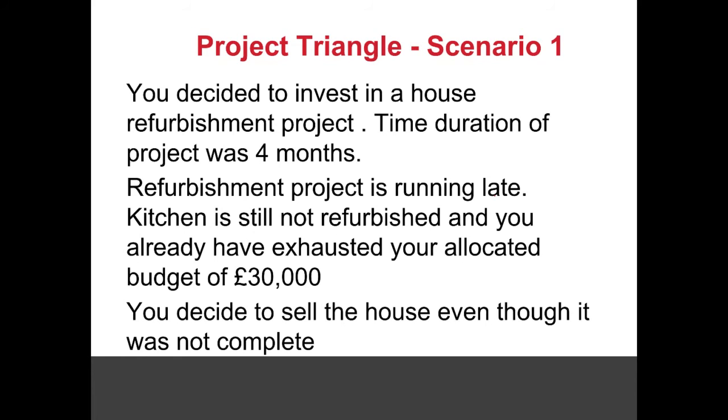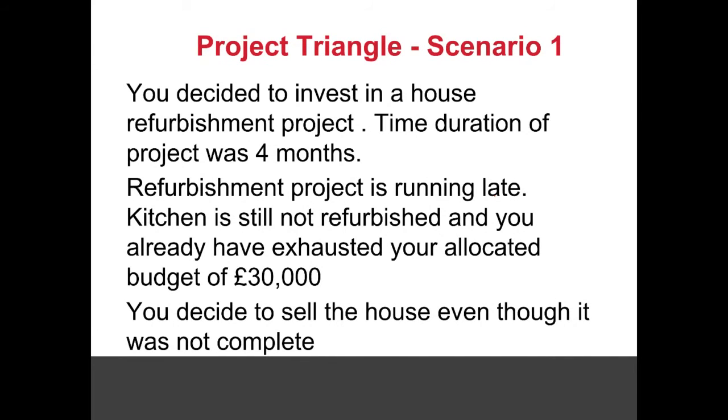Right, so here you have decided not to exceed your budget. So you have decided not to compromise your cost target. You had an allocated budget of 30 grand, and even though you didn't complete, you still stuck to your given budget.